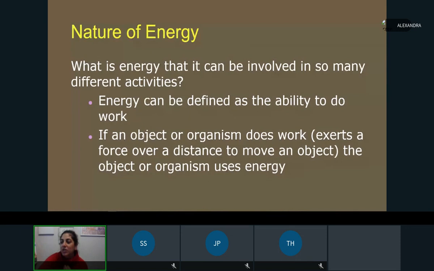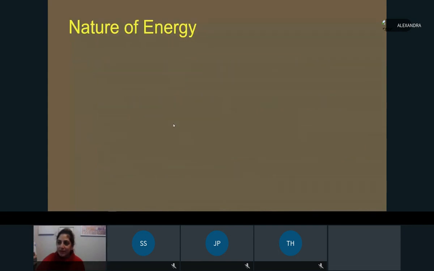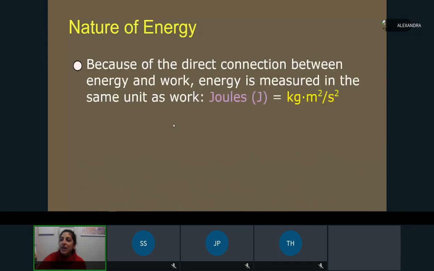And if an object or organism does work, so exerts a force over a distance to move an object, the object or organism uses energy. So really making sure that we understand that anytime there's work, there is a level of energy that's being used. Because of the direct connection between energy and work, energy is measured in the same unit as work.